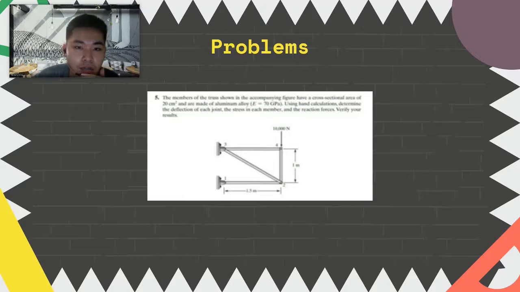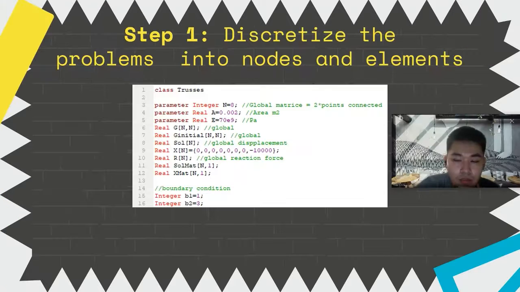Using hand calculation, determine the deflection of each joint, the stress of each member, and the reaction forces. Verify your results. The first step to solve the problems is to discretize the problems into nodes and elements.